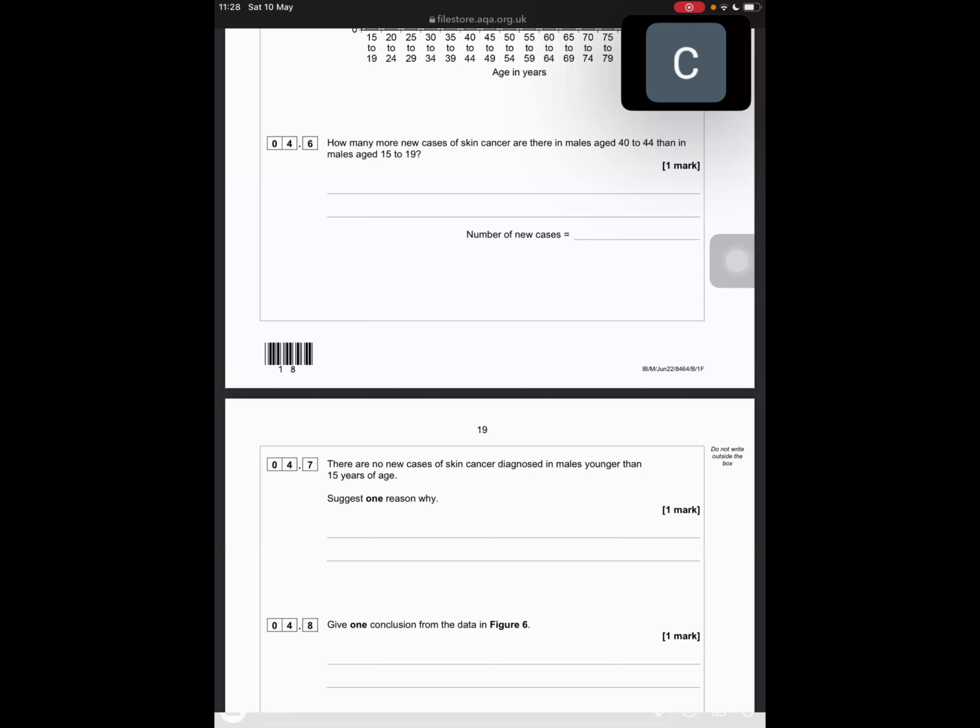So yes, teenagers who are usually younger than that may not have those chances of being exposed to new cases of skin cancer. But that's just my own opinion. I don't know if the marking scheme has something quite different.